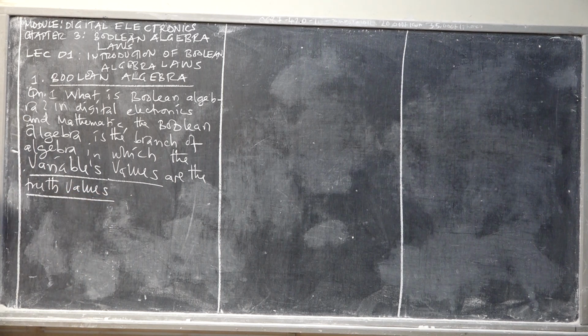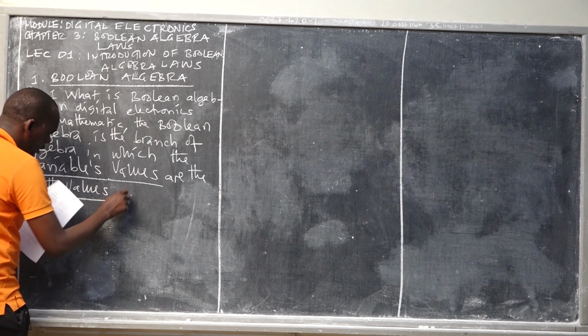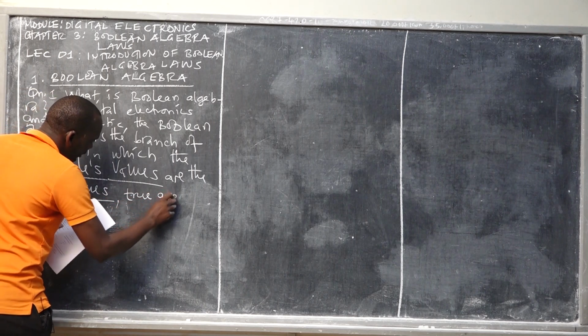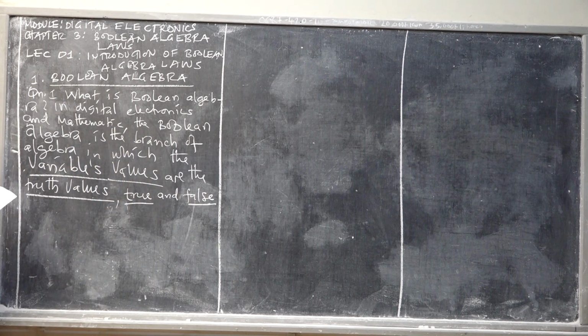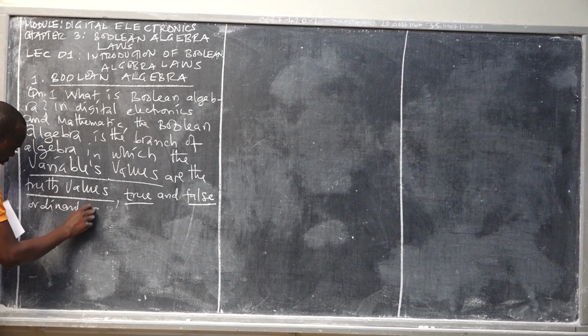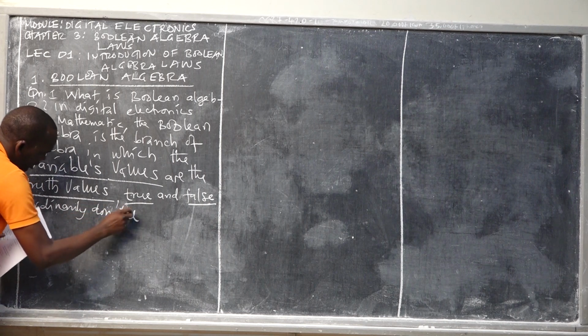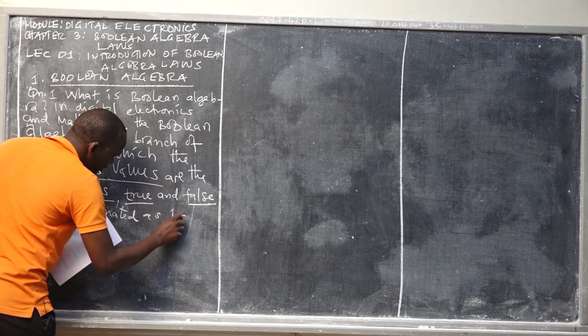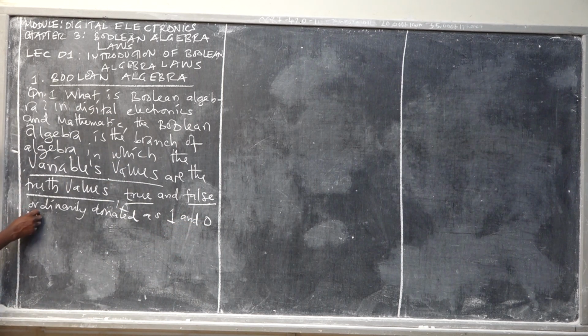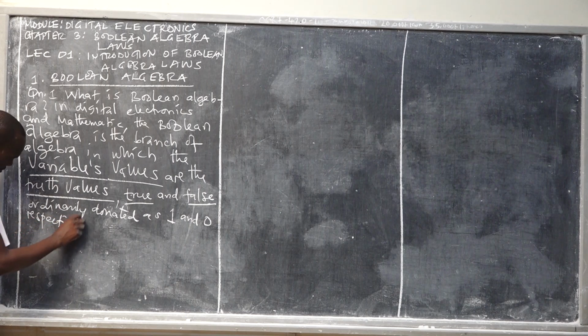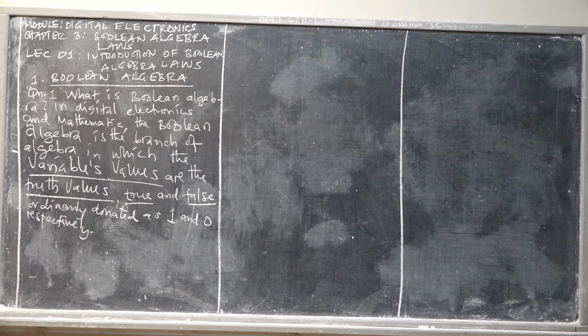Are the truth what? Values. Which means true and false, ordinarily denoted as 1 and 0 respectively.